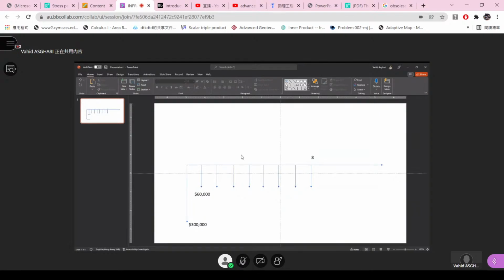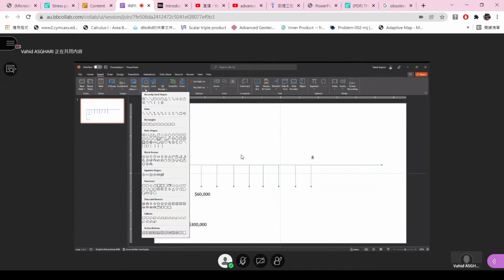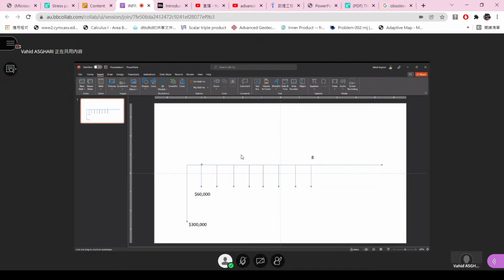And there will be about 115,000 annual income, right? So let's also draw the income.